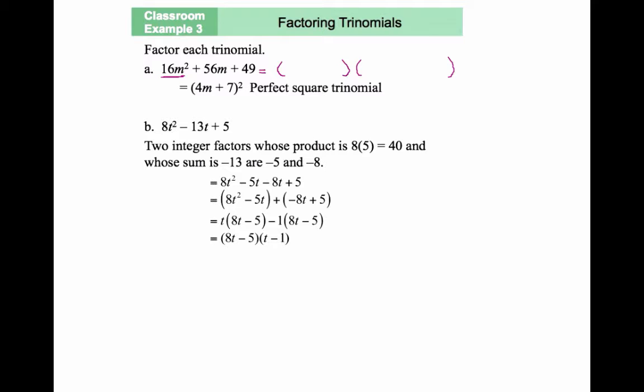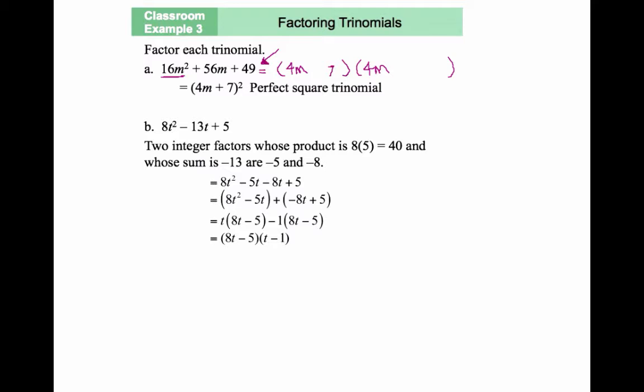The possibilities for 16m squared would be 1 and 16, 4 and 4. So I'm going to put 4m here and 4m here. If I look at the constant 49, the possibilities would be 1 and 49, 7 and 7.